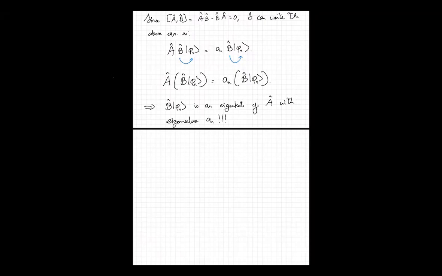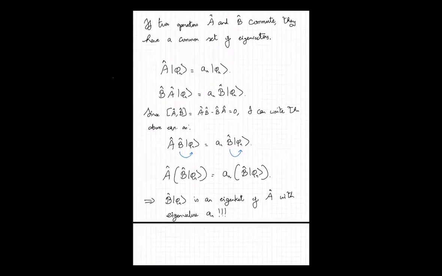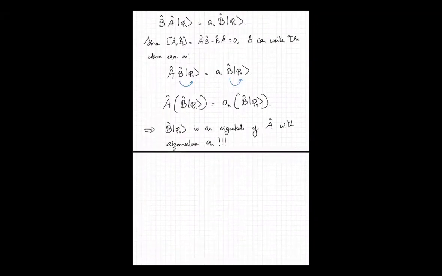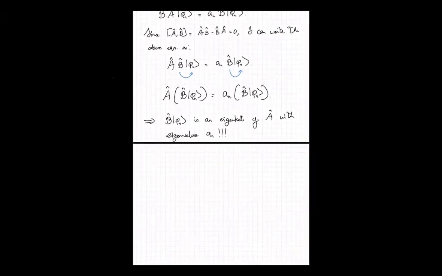Now this can be surprising because we started by saying that we have solved for all the eigenkets of the operator A and these correspond to phi n. So if A is a 3 by 3 matrix, I know all three eigenvectors. Now after this set of manipulations, we find that there is a new eigenvector of A, B phi n.